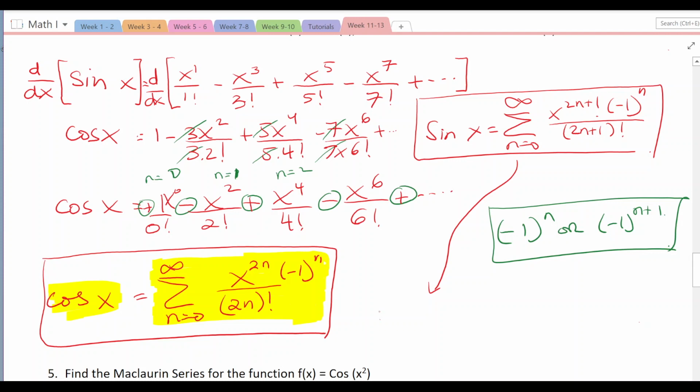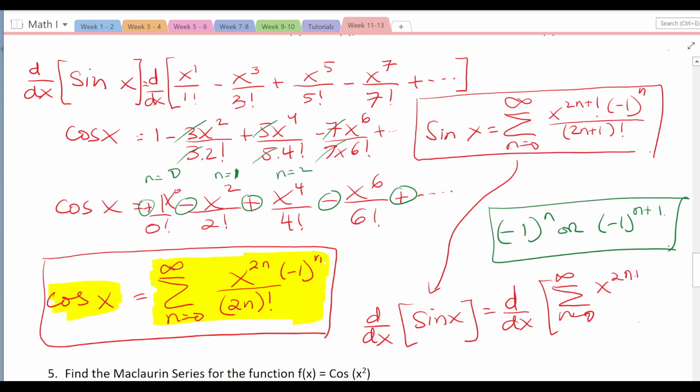So we can say d/dx of sin x equals the derivative of whatever is inside the sigma. We are only interested in the x to the 2n plus 1, multiplied by negative 1 to the n, which is essentially a constant, over 2n plus 1 factorial.